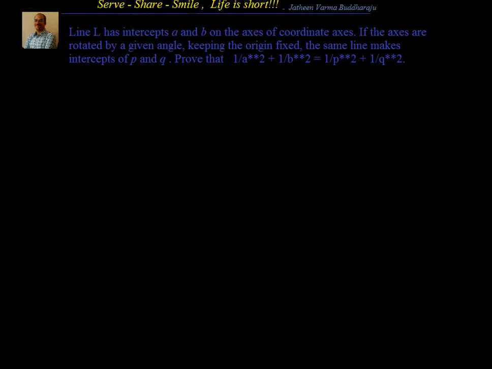What we will do, we'll take a simple graph. We will put there x-axis and y-axis. This is our x and this is y. There is a line. We will draw the line. Before that, what they told us, keeping the origin fixed, the coordinate axes are rotated. So let me say this is the new coordinate axis.